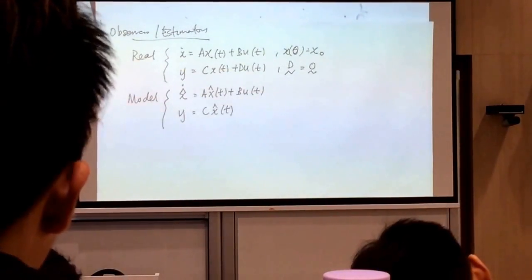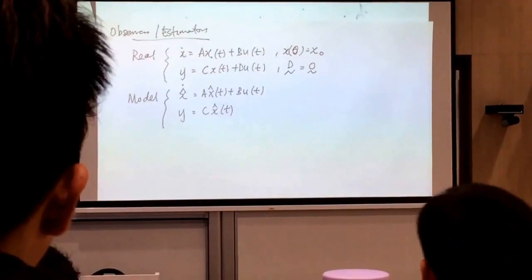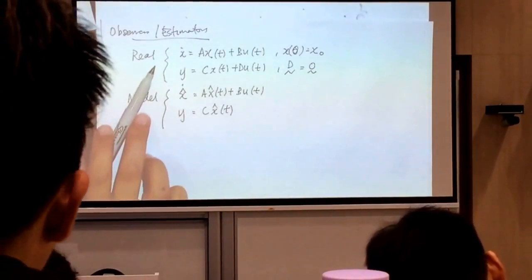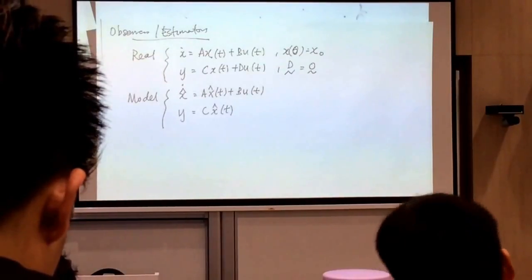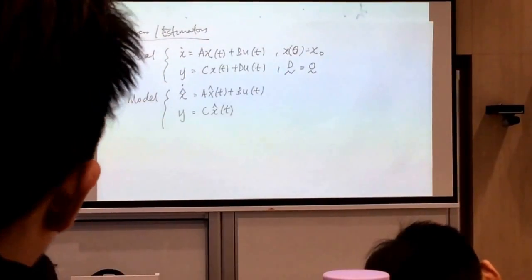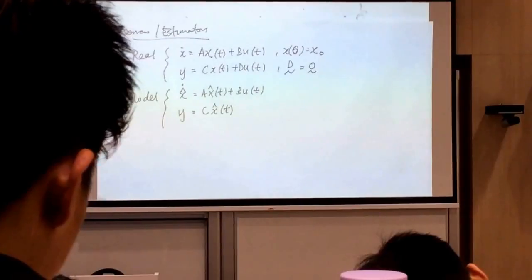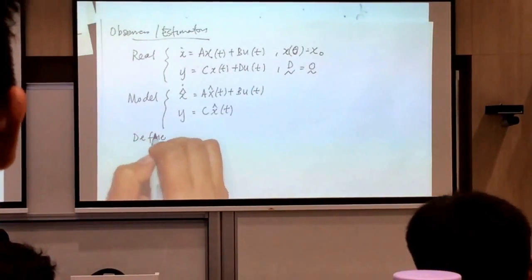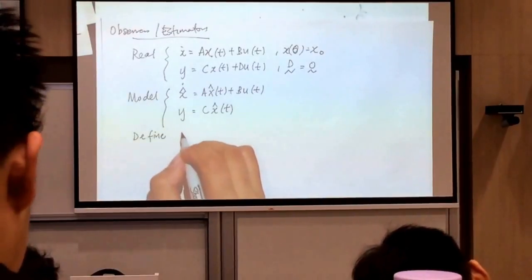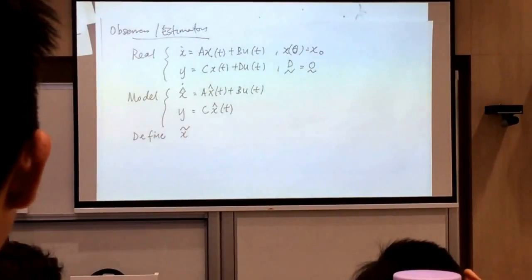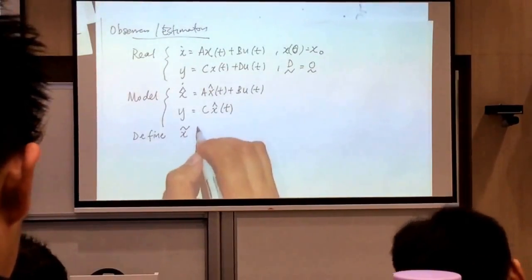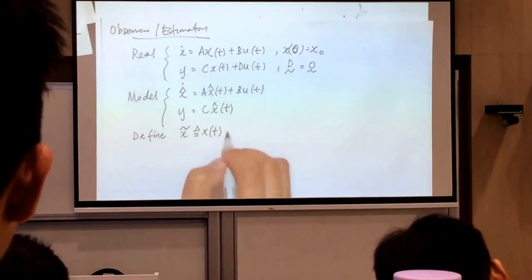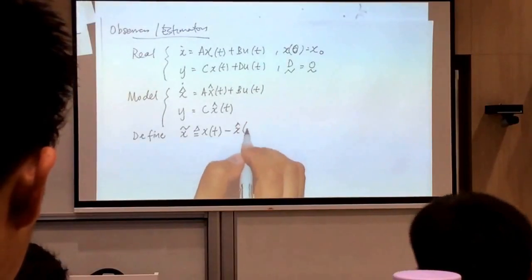Here, you start to define stuff, right? First of all, you want your model to be as close to your real system as possible. But is that always true? No. So we define something called x tilde, which is x minus x hat.